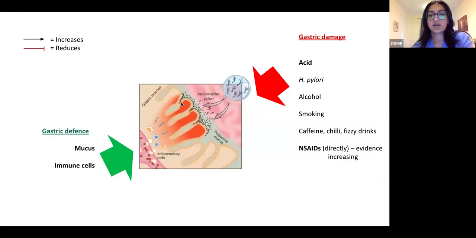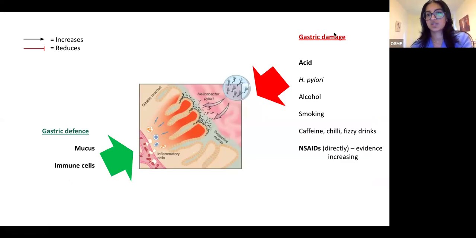So when you're thinking about the stomach and factors that cause gastritis, peptic ulcers, etc., this is quite a useful concept to understand, as it helps you conceptualize the management, and it just means you're not memorizing a bunch of stuff blindly. So the gastric defenses include mucus-secreting cells, which protect the mucosa, and immune cells as well.